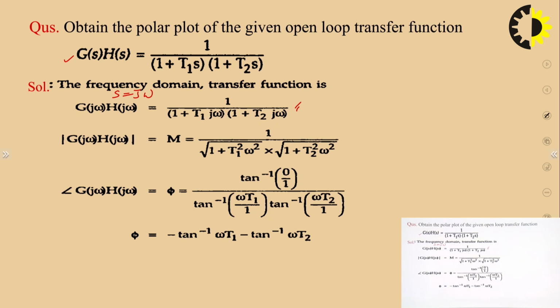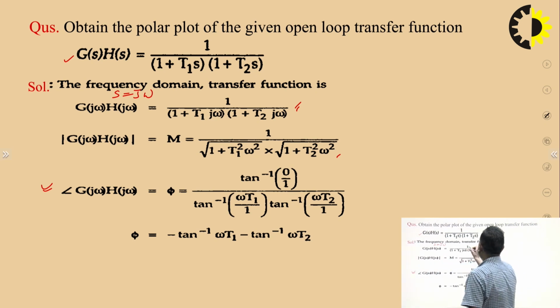Then we will calculate the magnitude. Mod of G(jω)H(jω) equals 1 upon under root of (1 plus ω squared T1 squared) into under root of (1 plus T2 squared ω squared). You know this: the mod is 1 upon the under root of real part squared plus imaginary part squared, into the under root of real part squared plus imaginary part squared. Now we will calculate the phase angle φ, which is nothing but tan inverse.